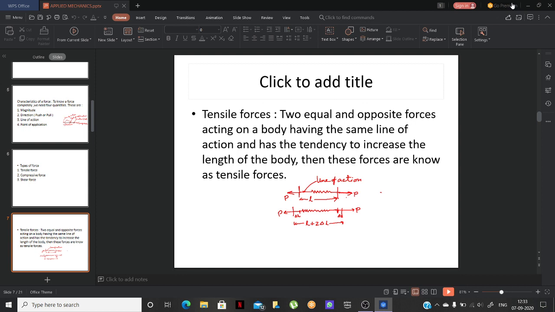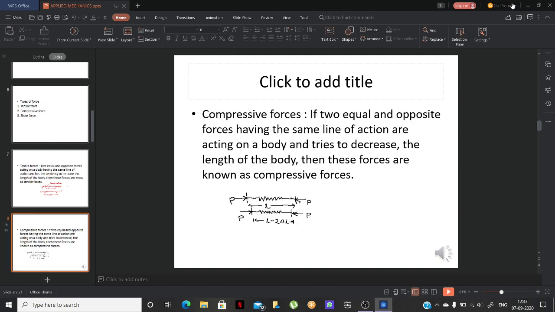Suppose you have a spring and we are applying two equal and opposite forces as shown in the figure, and due to this force, the length of the spring increases, then this type of forces are known as tensile forces. So, if two equal and opposite forces act on a body having the same line of action and have the tendency to increase the length of the body, then these forces are known as tensile forces.